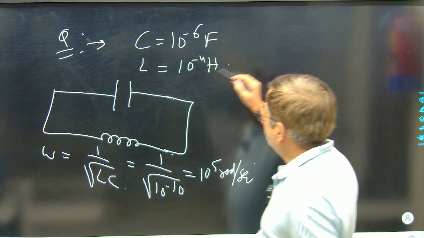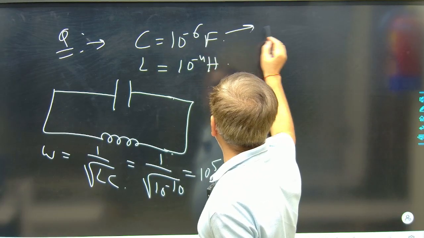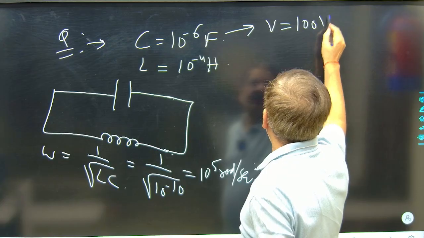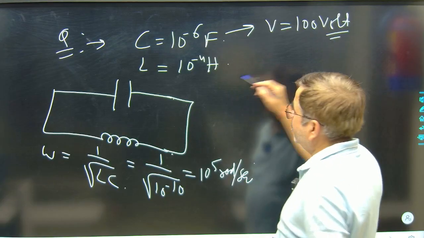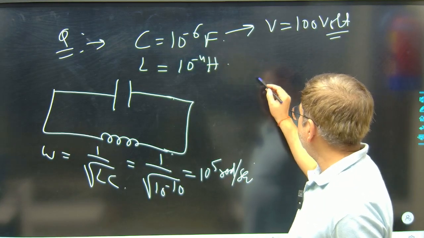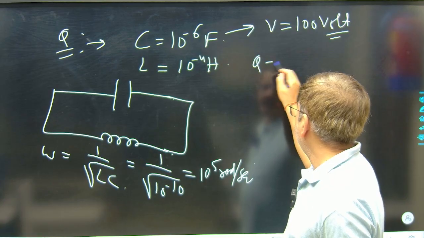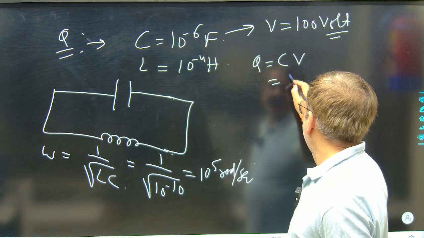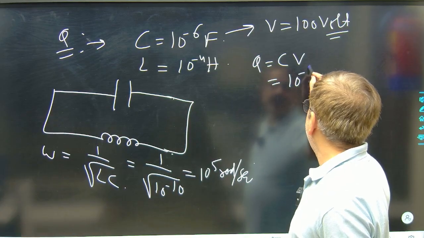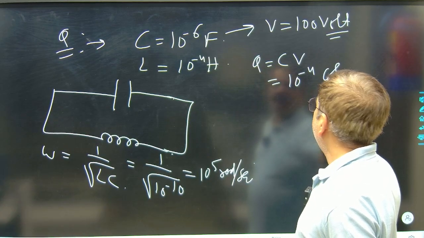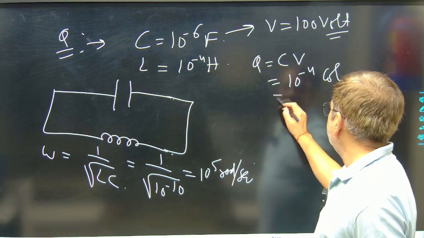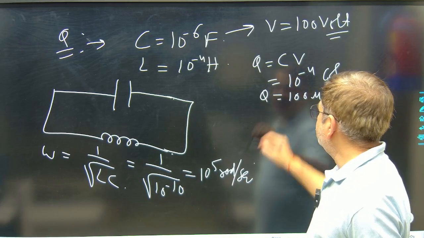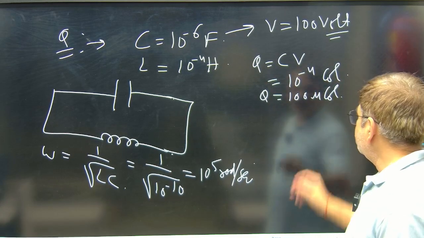Now suppose the voltage here was a 100 volt supply, and the capacitor was initially charged. So the initial charge Q will be C into V, and this value is 10 to the power minus 4 coulomb, or 100 microcoulomb, the initial charge on the capacitor.